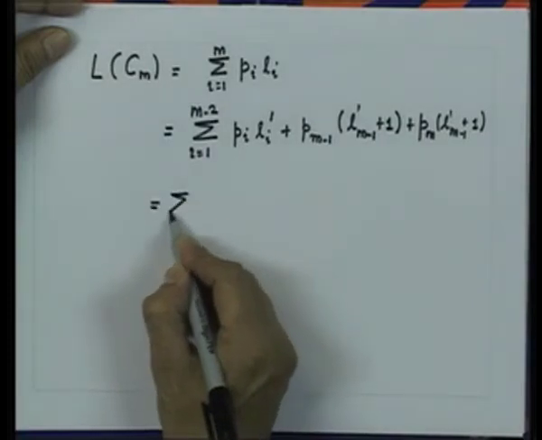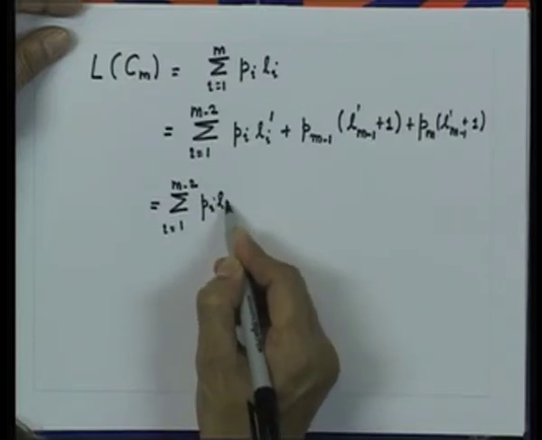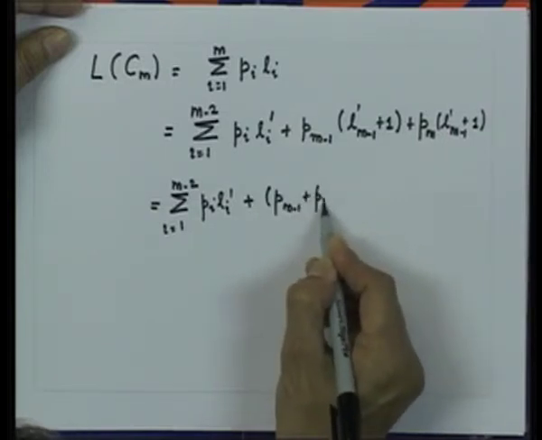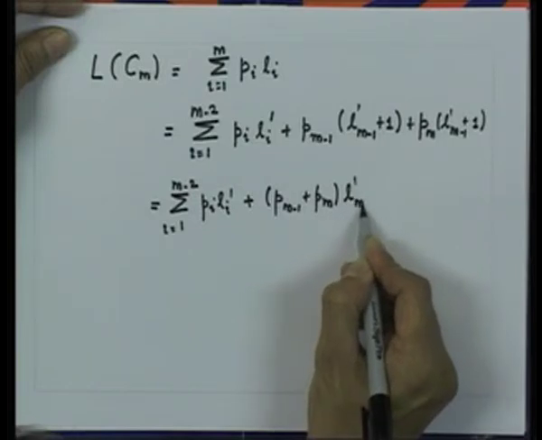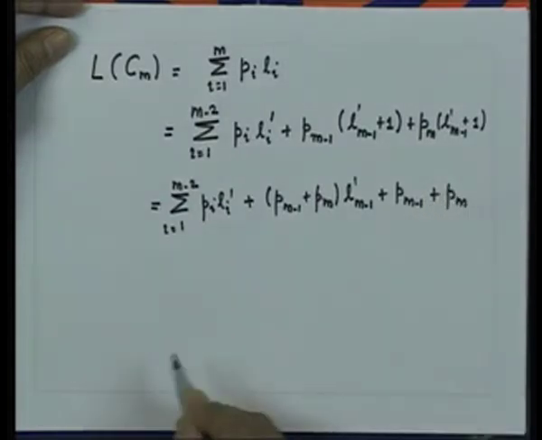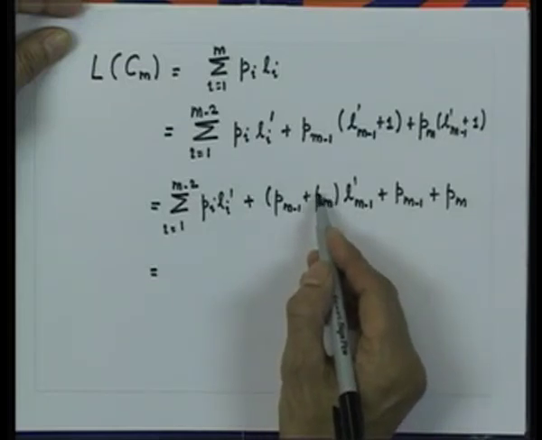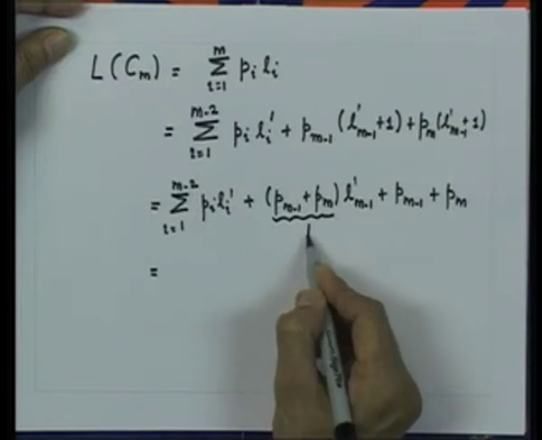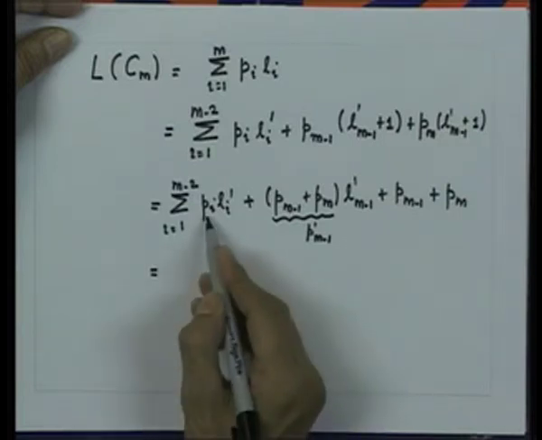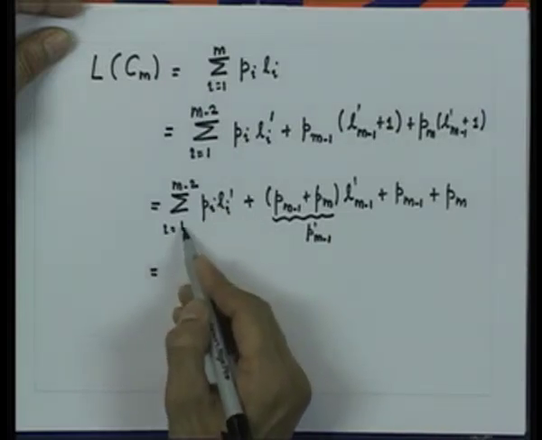This can be simplified, and the quantity out here, P_(m-1) plus P_m, is nothing but P'_(m-1), and Pi is equal to Pi' for i equal to 1 to m minus 2.